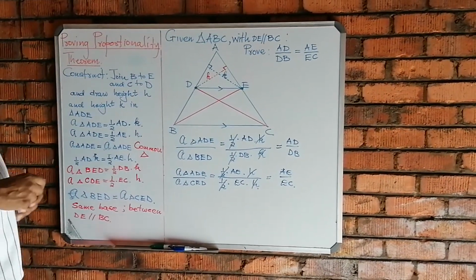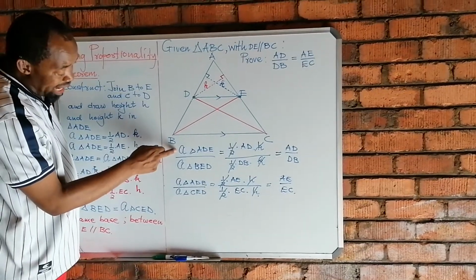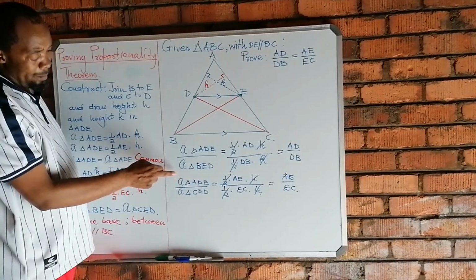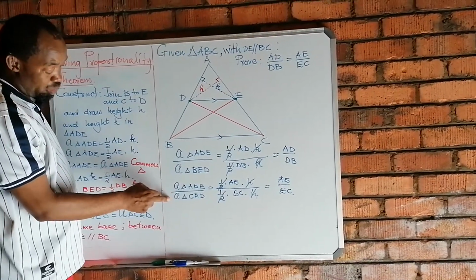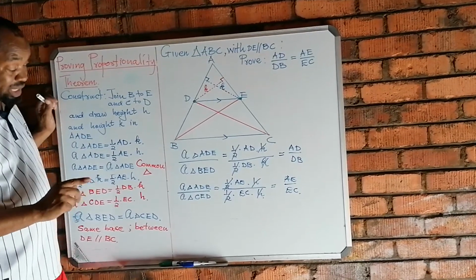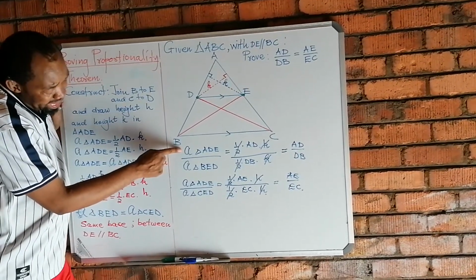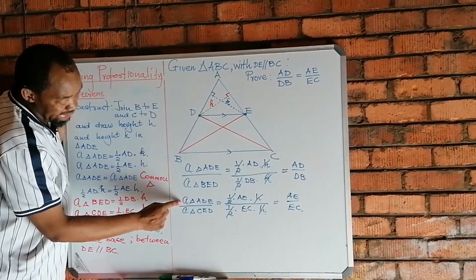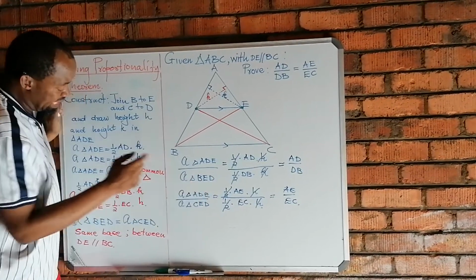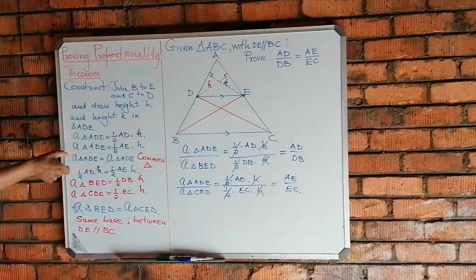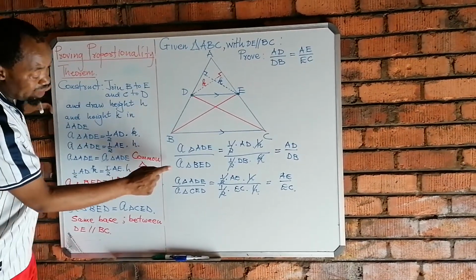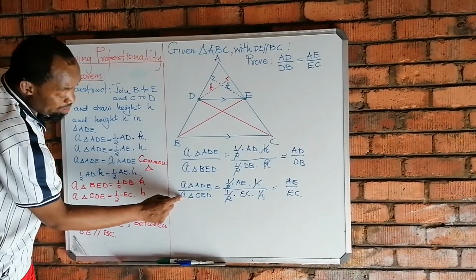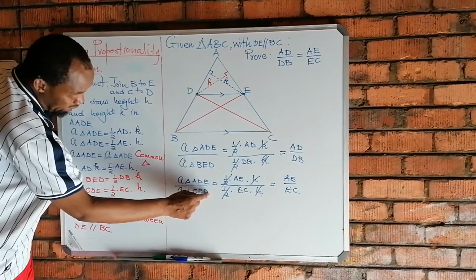Now let's look at this. I want to repeat this again. I divided the area of triangle ADE by the area of triangle BED, which is the same as area of triangle CED.